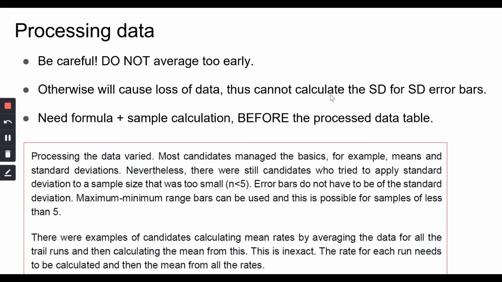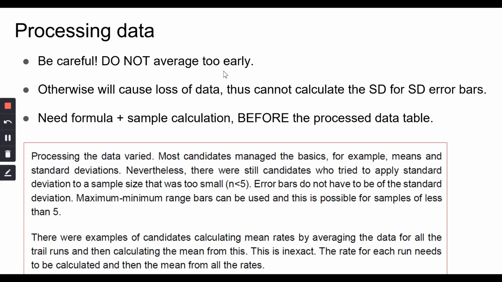All right, and the next one, process data. Previously we mentioned that in raw data, you should not have the average and SD. You should leave the average and SD until the process data table, so we want to avoid the loss of data.